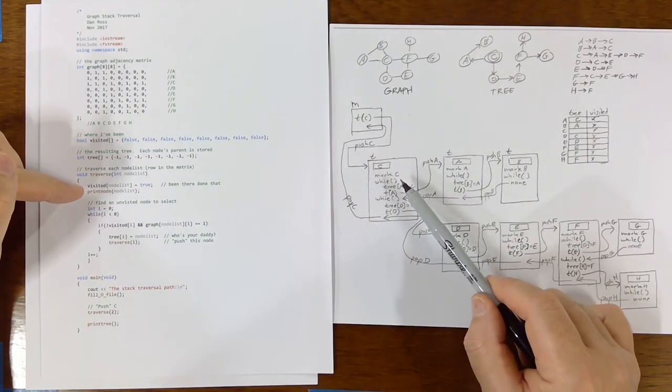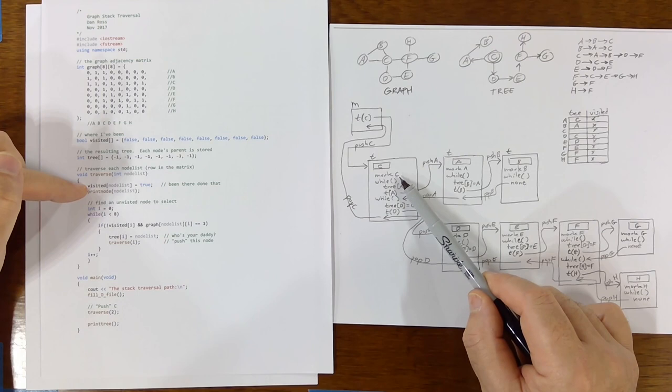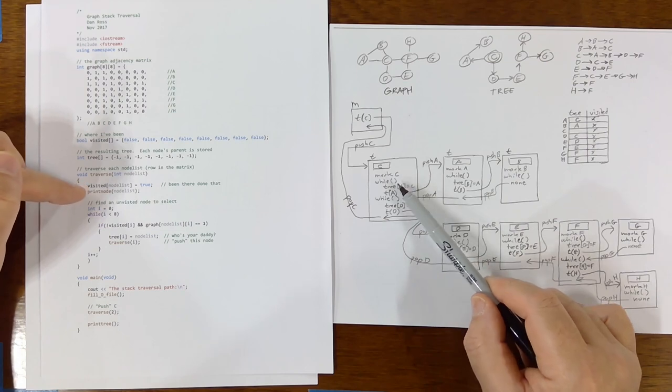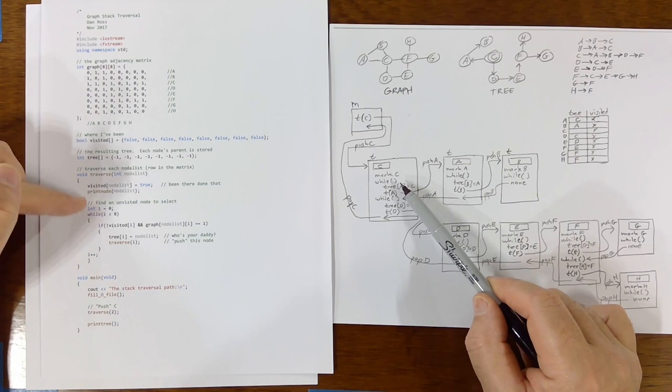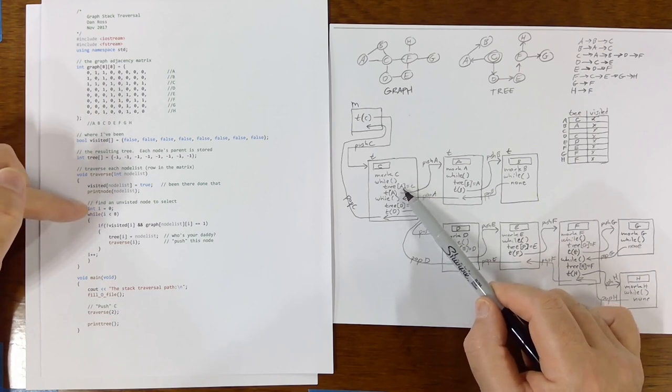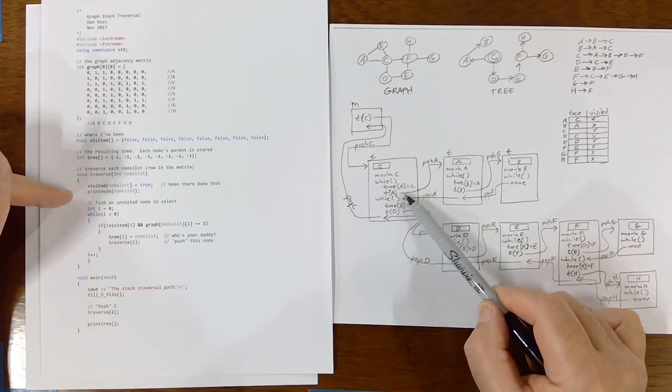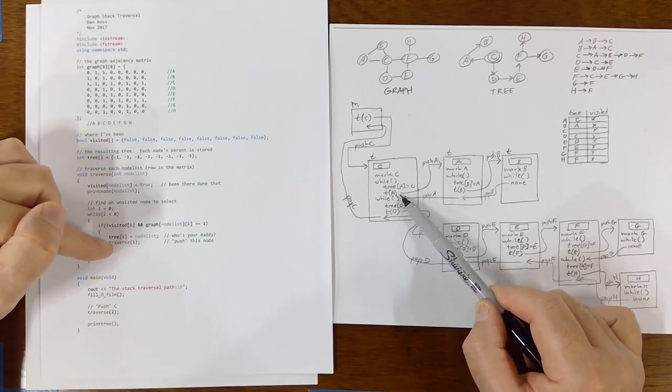And then we mark that C has been there. That's this visited array, make a mark on this visited array. Then we go into this while loop looking for an unvisited neighbor, and we find that A has not been visited. So we call traverse for A.